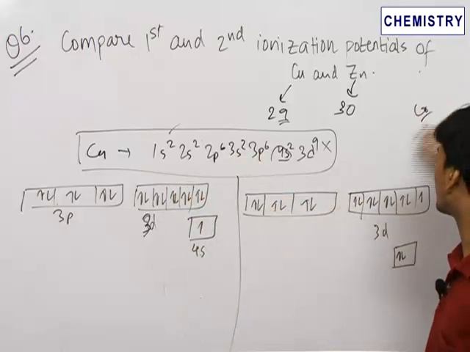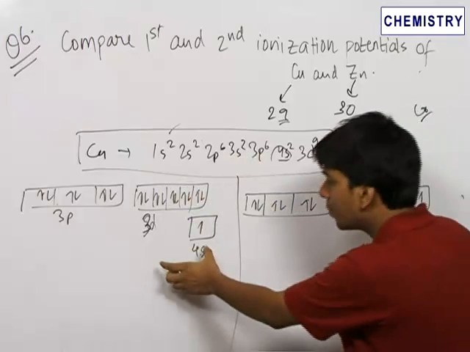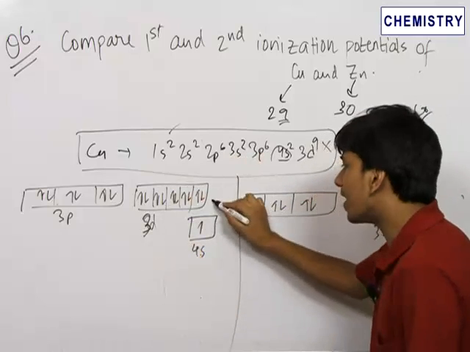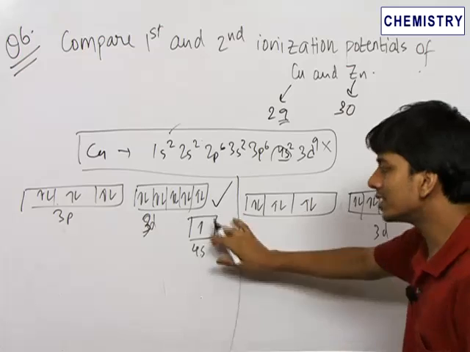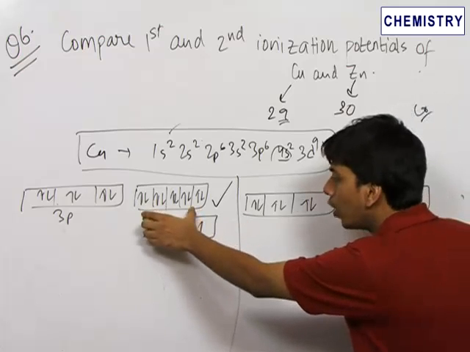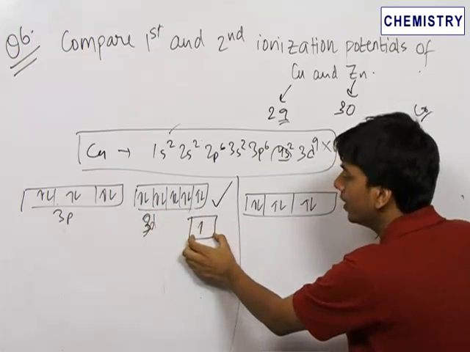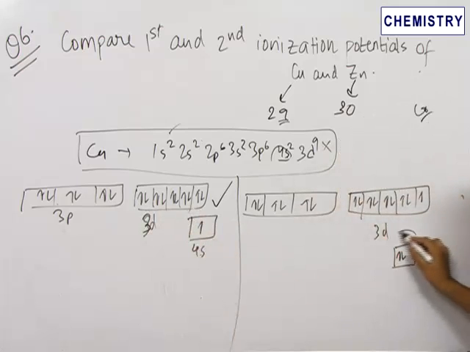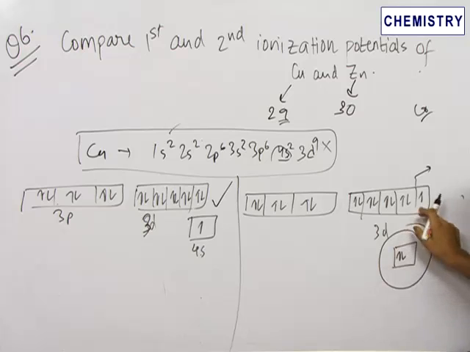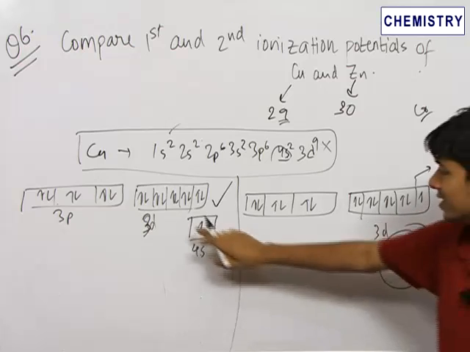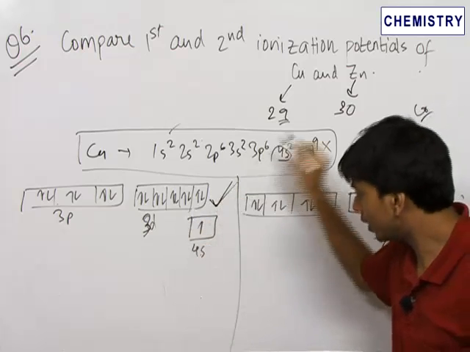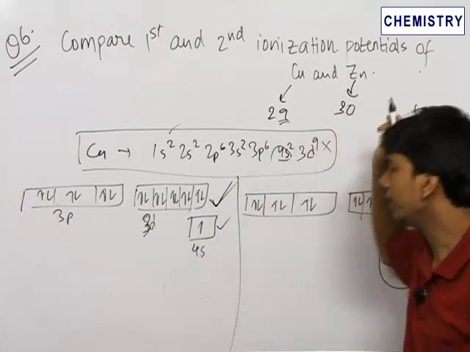This also occurs in the case of chromium. The important thing to realize is why this configuration is true. This is because a fully filled orbital and a half filled orbital is always better than only one fully filled orbital. In this case, this is arbitrarily filled, whereas in this case we have one fully filled d orbital and one half filled s orbital.